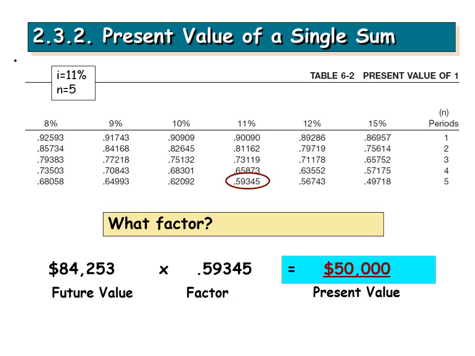Then we have $84,253 times 0.59345, that is the present value factor, and that becomes about 50,000. So it is the same.